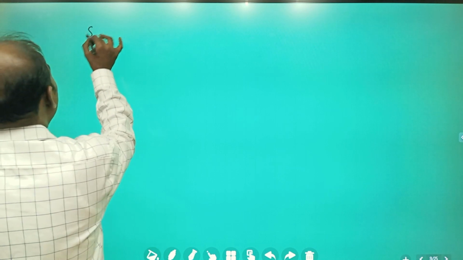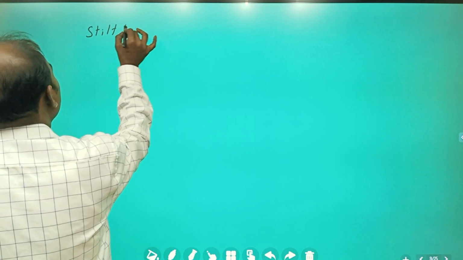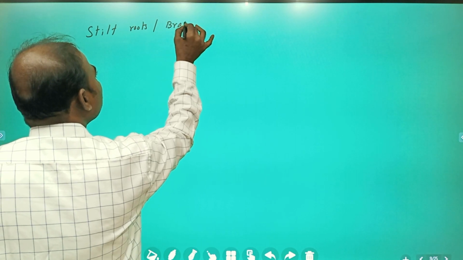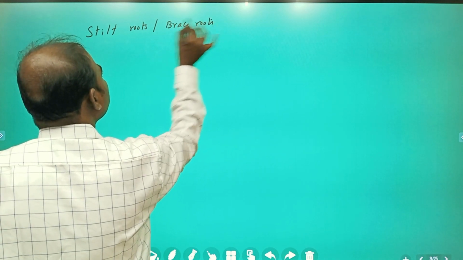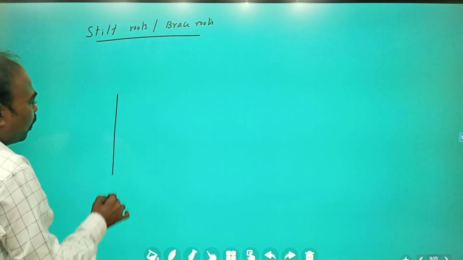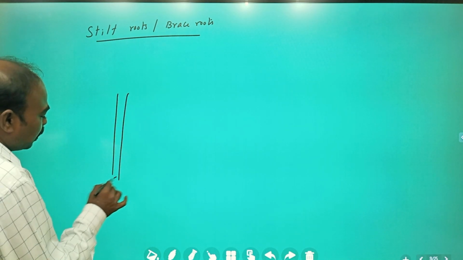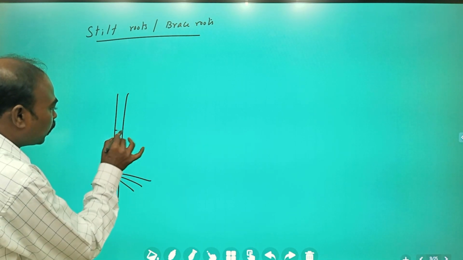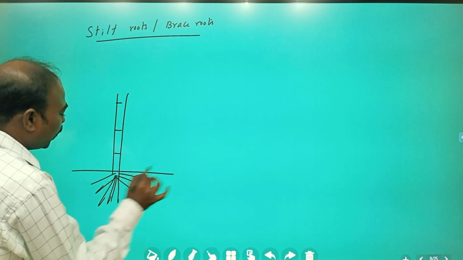Next, already we discussed these stilt roots or brace roots. It is one of the adventitious roots found in weak stemmed plants like sugar cane and maize. They have nodes and internodes.